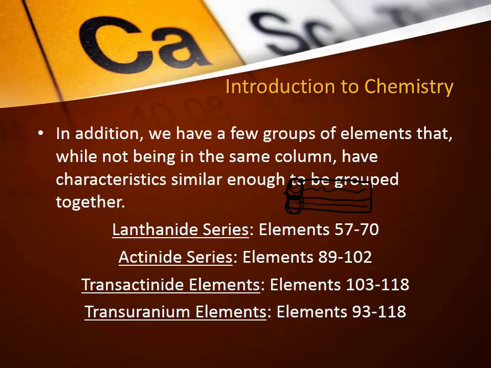Anyways, transactinide elements are elements basically after these series, elements 103 to 118. Transuranium are the elements after uranium. Of these, you mainly need to know these. Transactinide and transuranium are great. You may see them, but I'm not going to ask you many questions about them. But we have seen them enough, that's why I'm telling you. So mainly notice that we've got lanthanide and actinide series.